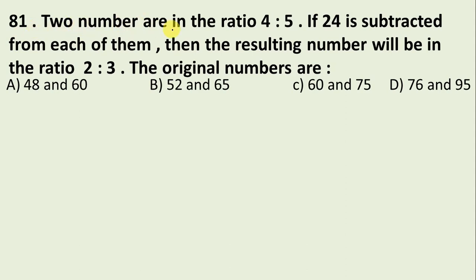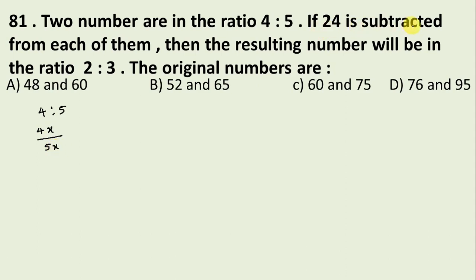Two numbers are in the ratio 4:5. If 24 is subtracted from each of them, the resulting numbers will be in the ratio 2:3. Here we have to find the original numbers. The first ratio is 4:5, so we can write 4x divided by 5x.